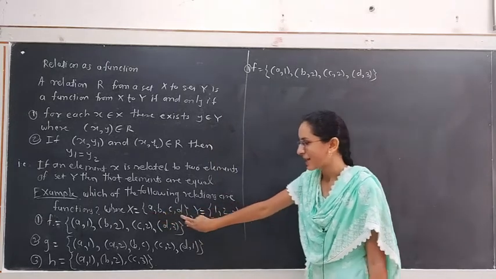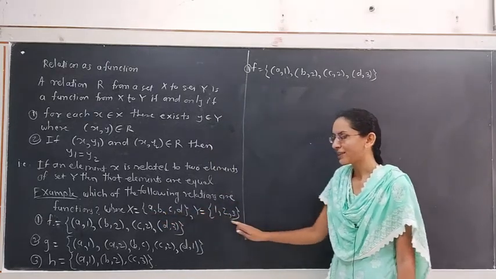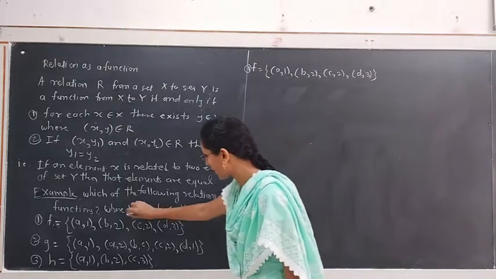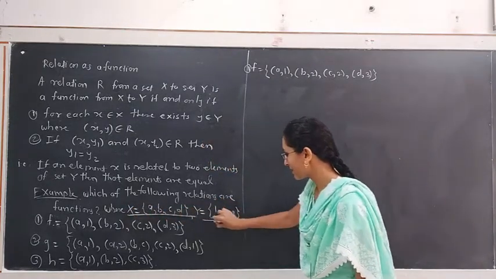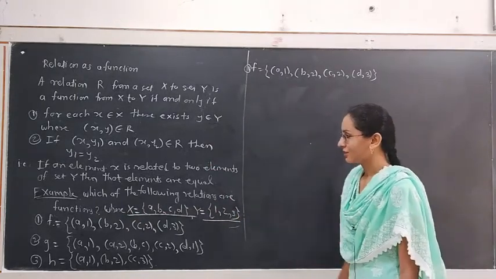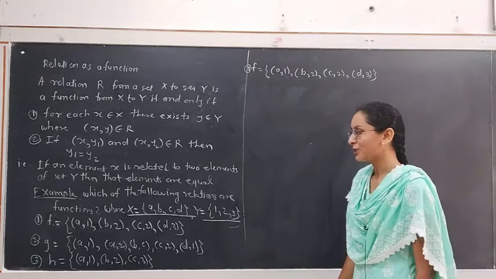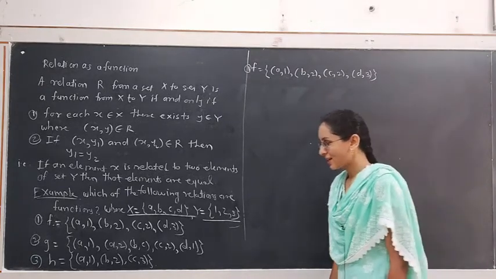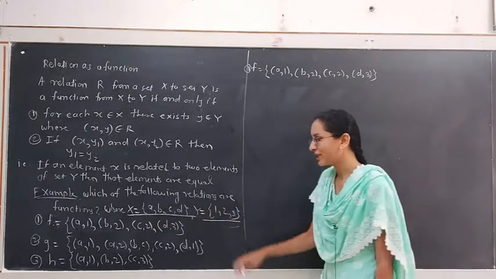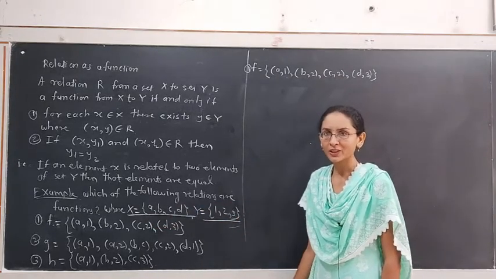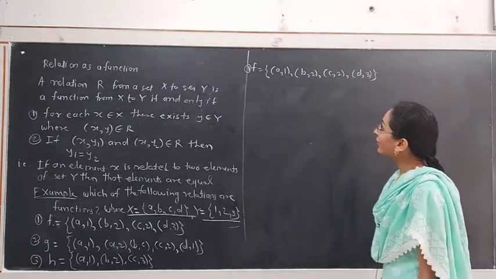There are 4 elements a, b, c, d, and the set Y contains 3 elements 1, 2, 3. This is set X and this is set Y. Hence, if this relation defines a relation from X to Y, then every element from set X should be related to some element of set Y. Then the relation will be considered as a function.